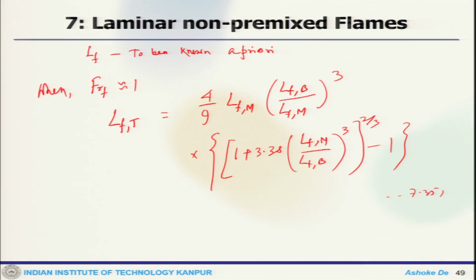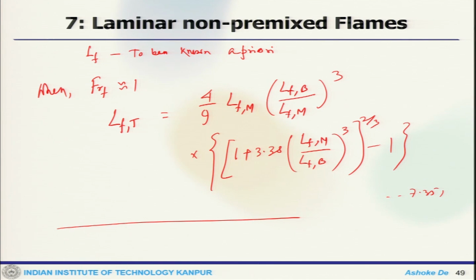So that is how you get it. So, depending on the Froude number and all these things, you can get the regime.